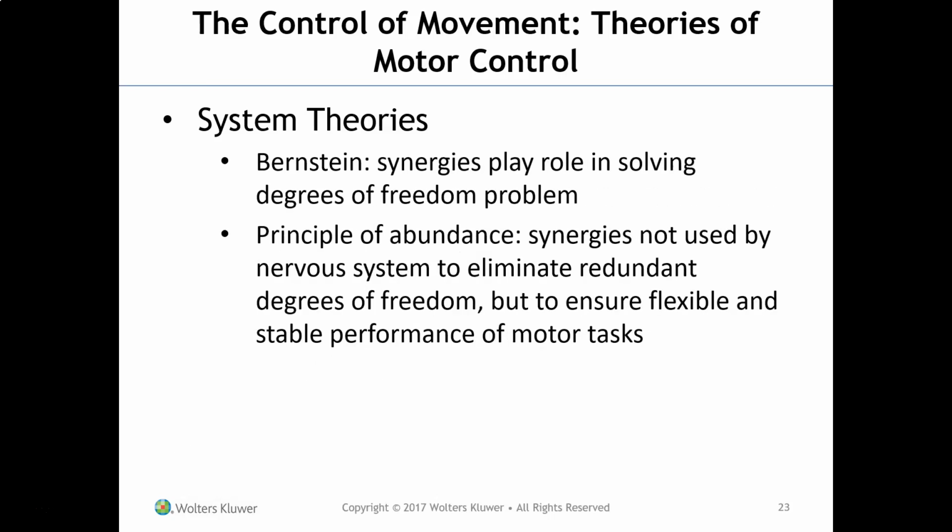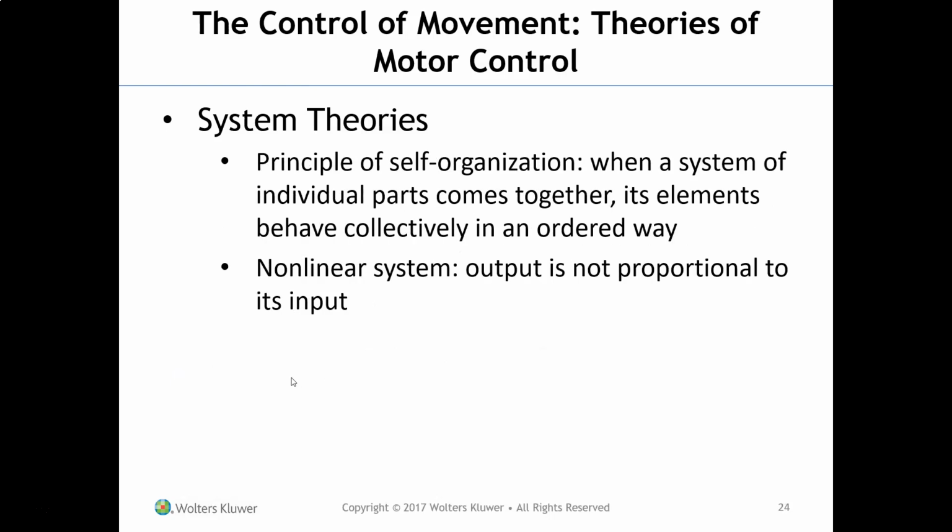So continuing with the systems theory, it relies on the principle of self-organization. When a system of individual parts comes together, elements behave collectively in an ordered way. So the take-home message with the systems theory is that it places less emphasis on the neurological system as a whole. A lot of times these theories will base it on the neurological system, but what Bernstein says is that we don't want to rely just on the neurological system.